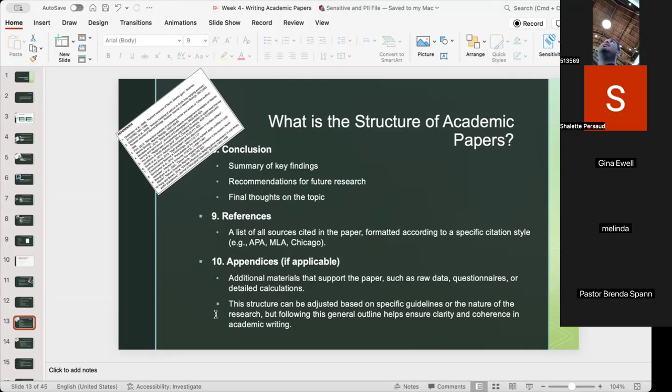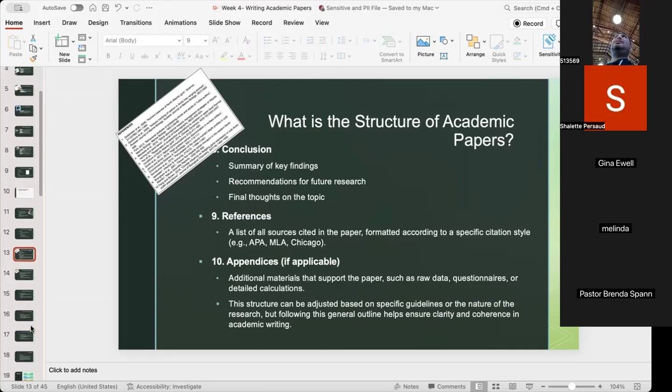So you included that as an appendices so that someone who might want to read more about that research can read that as well. Where are we here?